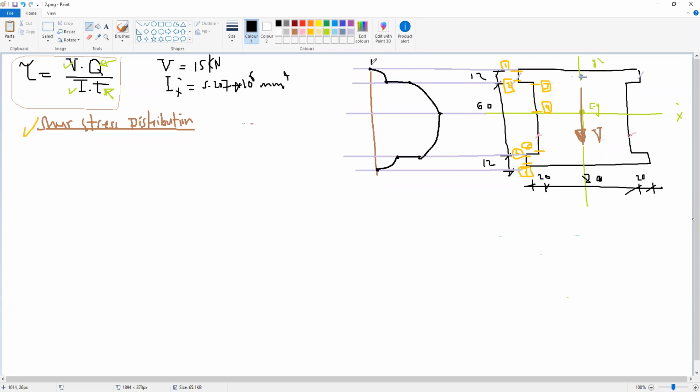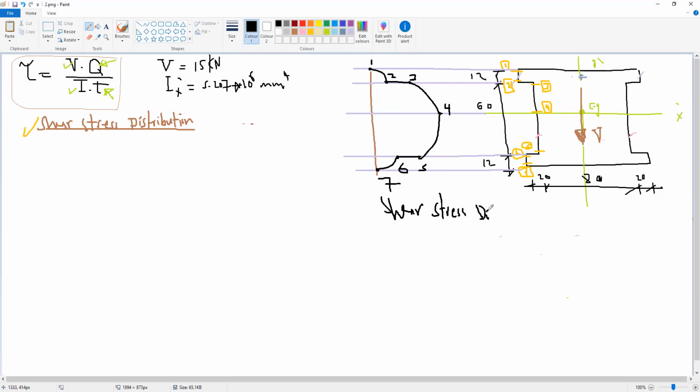So we need value at 1, value at 2, value at 3, value at 4, value at 5, value at 6, value at 7, and finally this plot is the shear stress distribution.